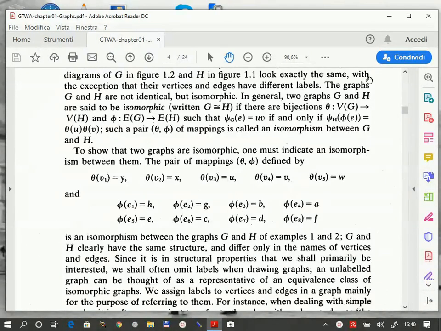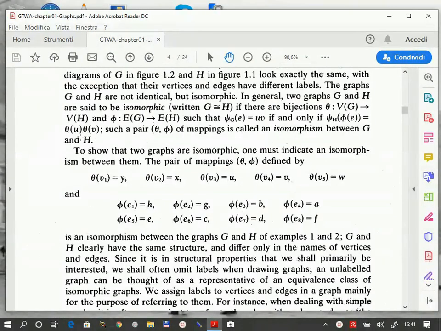Now, what about a loop? A loop is connecting u with u. Let's call u that vertex. So you have psi g of e equals u. Then, if you have an isomorphism, phi of e, the corresponding edge on the right, must be what?